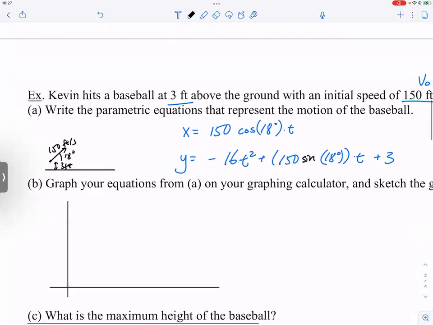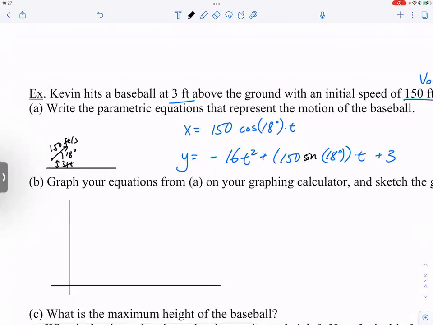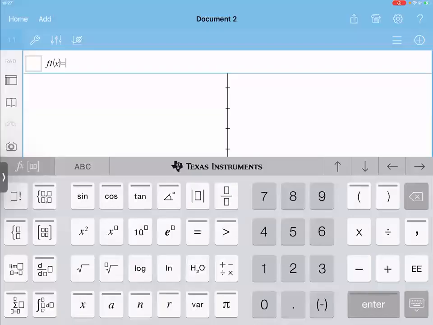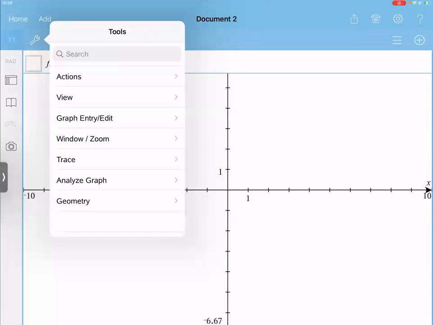Now, how are we going to put it into your calculator? Go to your calculator. When you turn on the calculator, you go to graph on the scratch pad. Click B for the graph, and then go to menu, then option number 3, which is graph entry/edit.